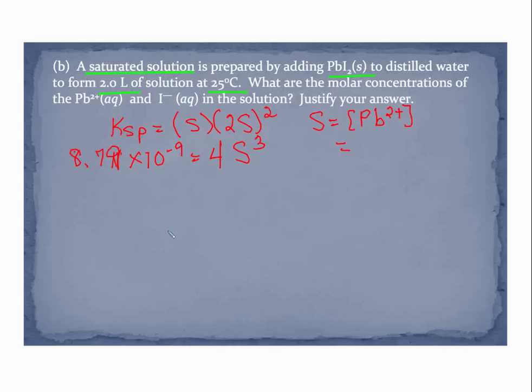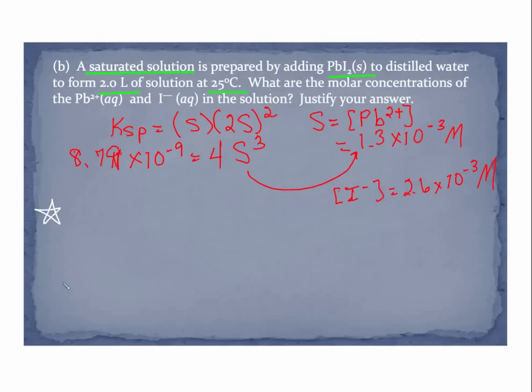And if you solve for s, lo and behold, you're going to find the same values. S is still 1.3 times 10 to the minus 3rd molar for your solubility. And the I- is double that. So our iodide concentration is 2.6 times 10 to the minus 3. That's the long way to do that.